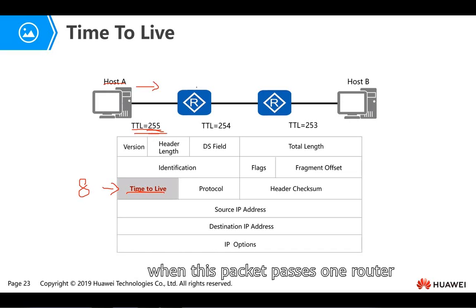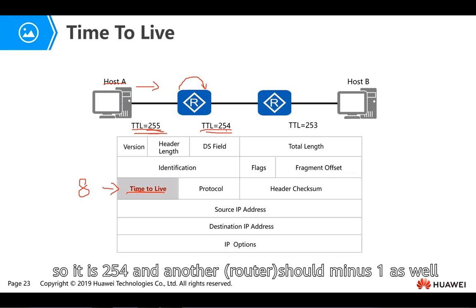255. And when this packet passes one router, this value decreases by 1, and then this is 254. Then another minus 1 again.